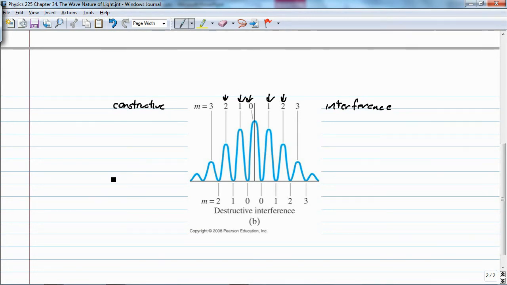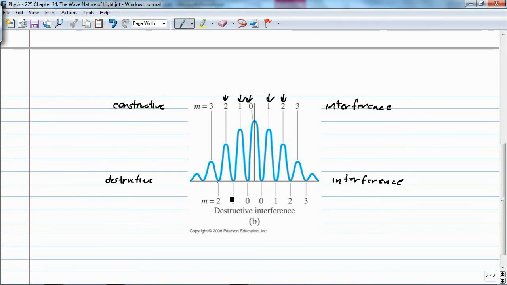For destructive interference, notice that the m value has 2 zeros on the bottom because of the plus 1/2, and each of these points then will have the destructive interference or black lines on the diffraction pattern.